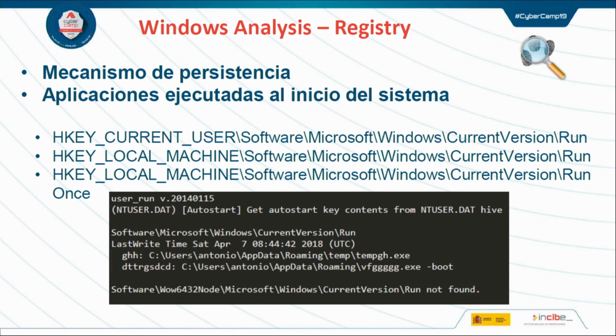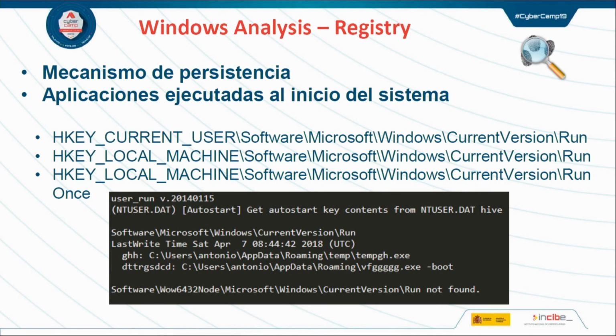So we have analyzed, we have our TXT, we open it with any editor we want, and so we look for the key that we've got here in NT user. And, well, there we go, we found VFGGG, so we've found persistence in the computer. That is one of the questions that forensics always ask.